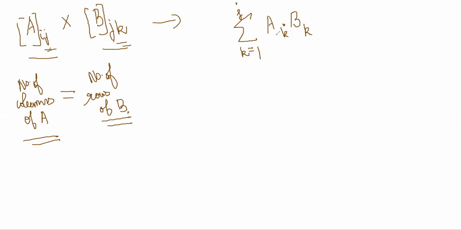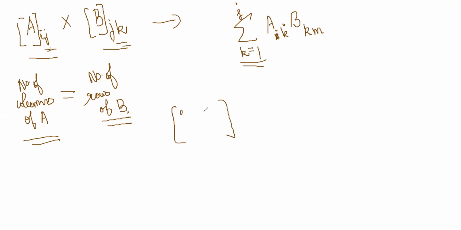So A, N, and M, right? So K goes from 1 to J, and this is N, I think. No, N and M doesn't matter. I think it is the same. It makes sense if N goes from 1 to J, no? Okay, fine, but one second. I'll just see it and then do it.